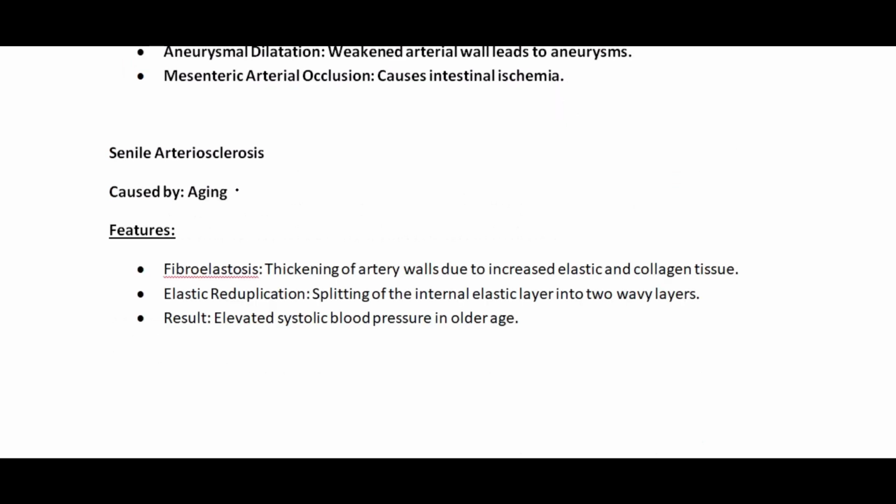The reasons being aging, hypertension, high cholesterol, smoking, diabetes, inflammation. So they will cause reduced blood flow, ischemia, increased blood pressure, organ damage, heart attack, stroke, peripheral vascular diseases, or the aneurysm.